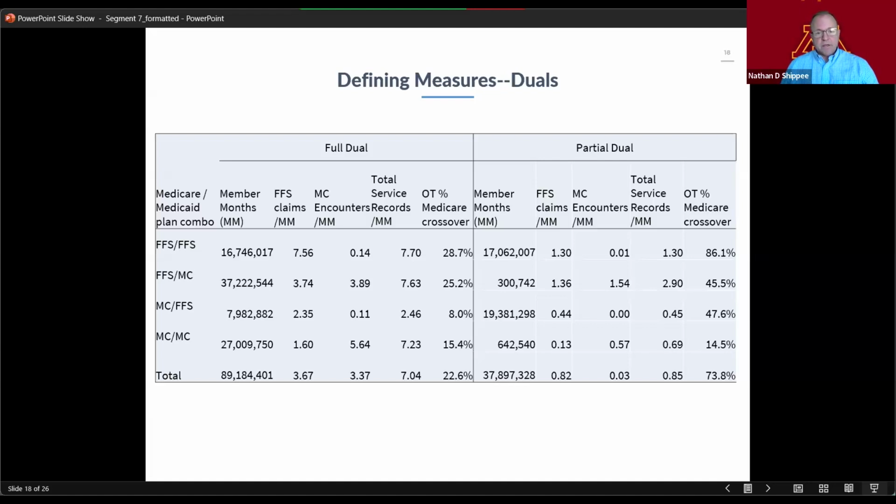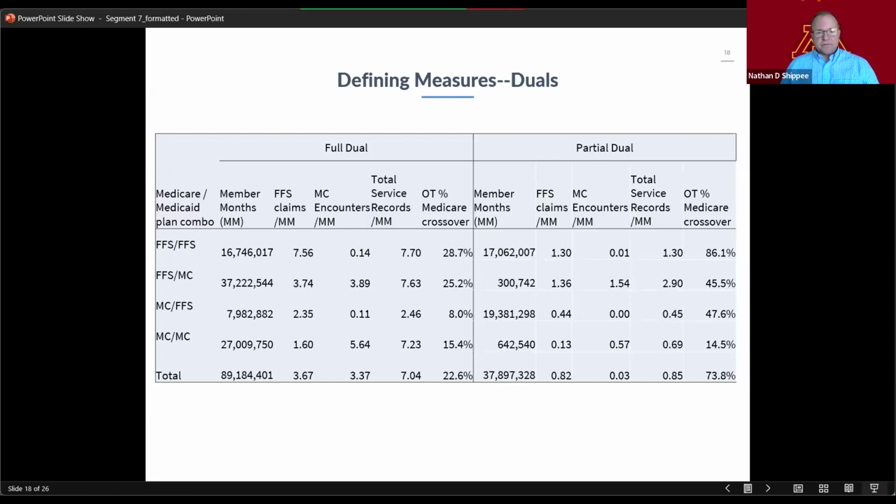So you've got fee-for-service claims per member month, managed care encounters per member month, and those are added together for total service records. That's a gross, rough measure, just to get the general volume in each of these categories.